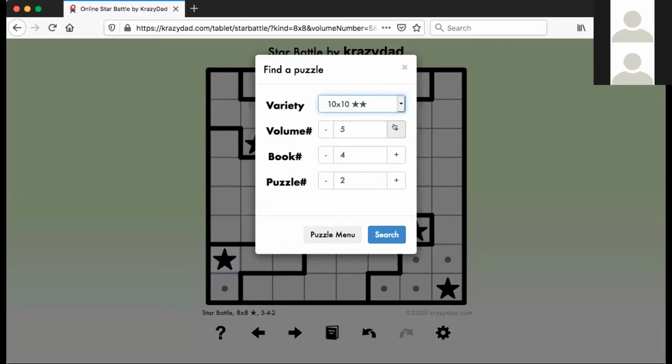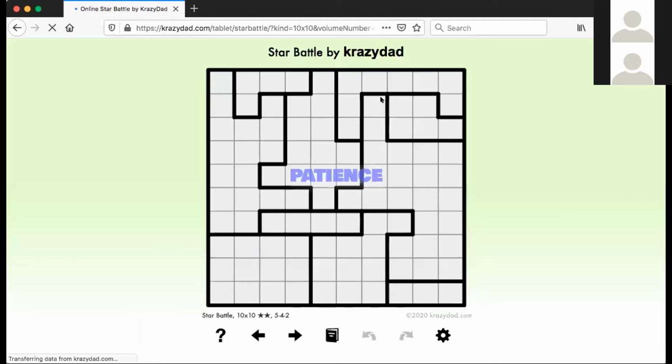They're a little bit different, so let me bring up one of those for you. And notice next to the 10 by 10, there are 2 stars. I don't know if you saw that, the word patience was right in the middle of the puzzle and then it disappeared. So every time you bring up a new puzzle, you'll see some word or phrase in there.